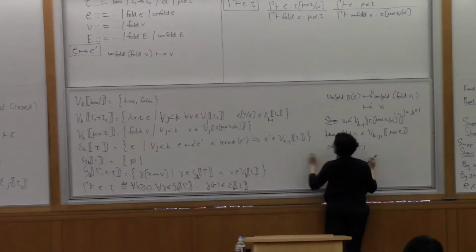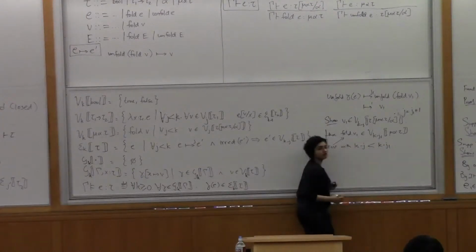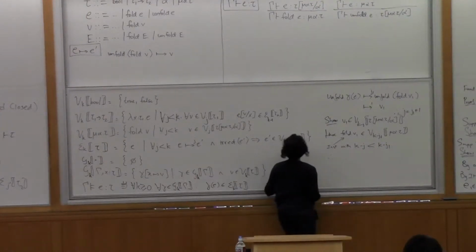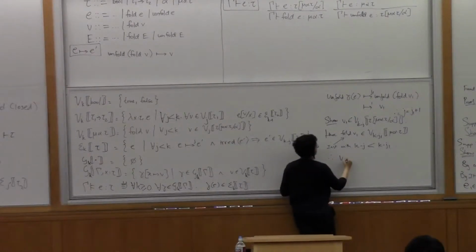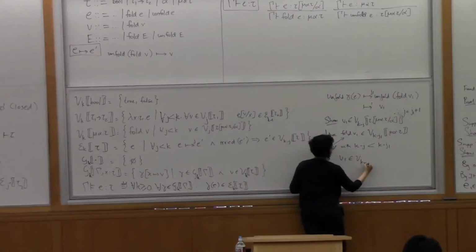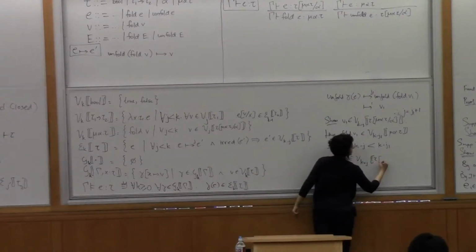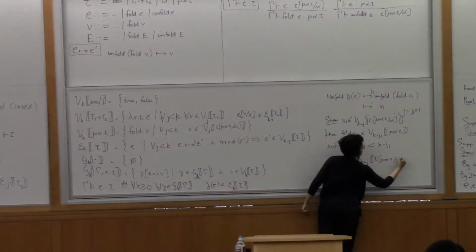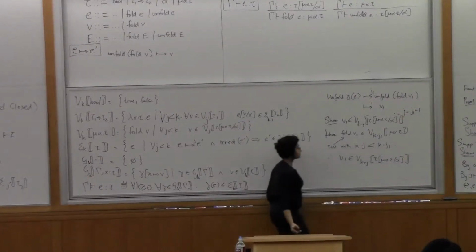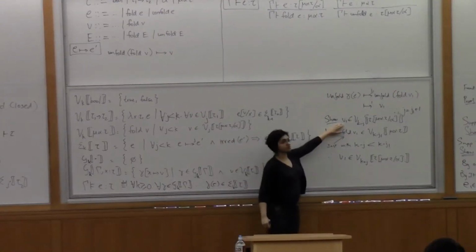And this is good because k minus j is strictly less than k minus j1. So we can do that. Therefore, just from the definition, we can conclude that V1 belongs to V of k minus j tau with mu alpha tau for alpha. Which is what we wanted to show.